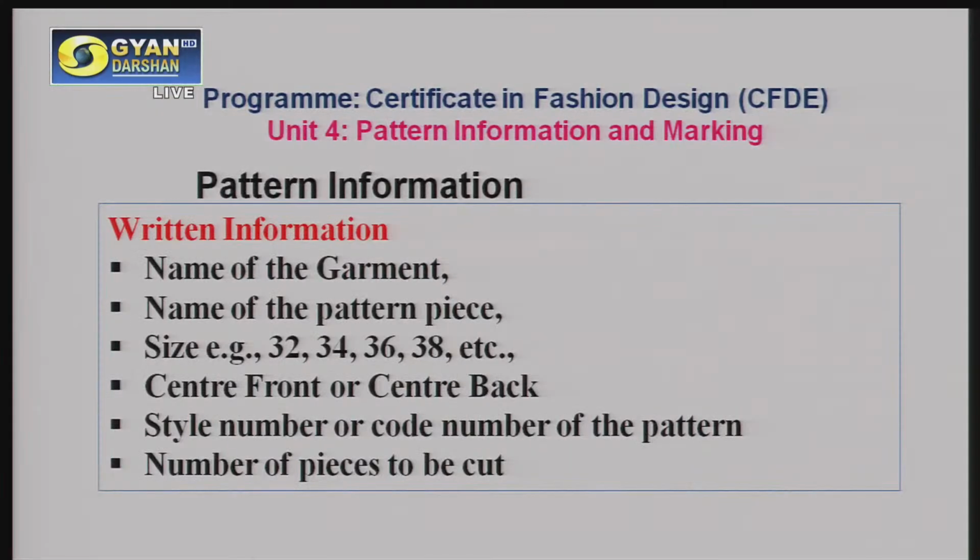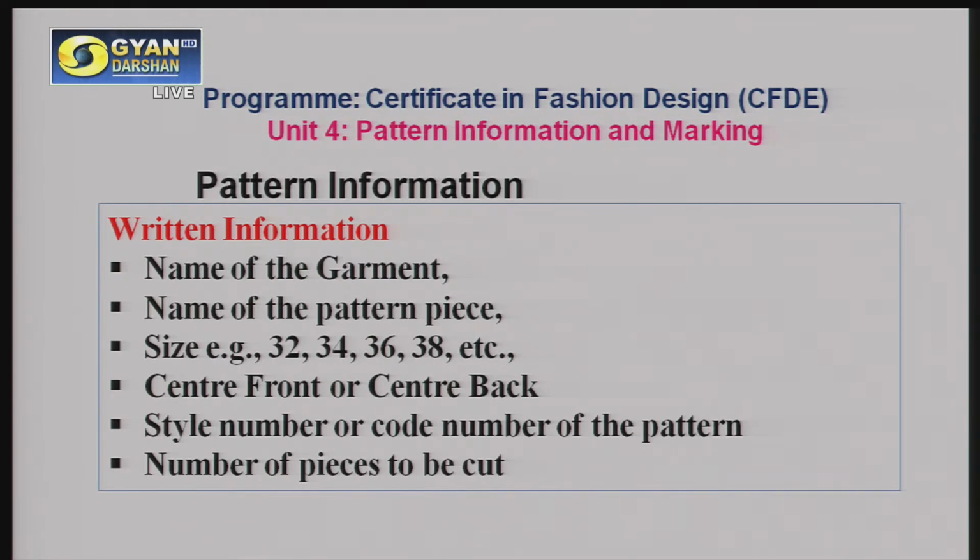Then next is pattern information, which is very important to understand when you have developed the pattern and forwarded it to the production department, who are going to use that pattern for stitching. There are certain informations which are given, in two ways.